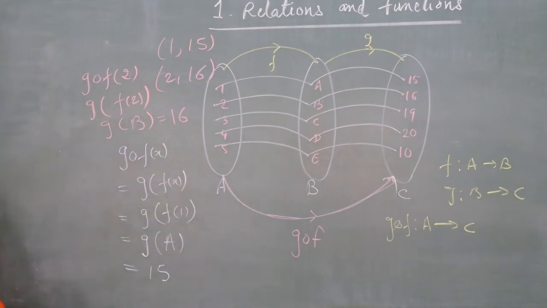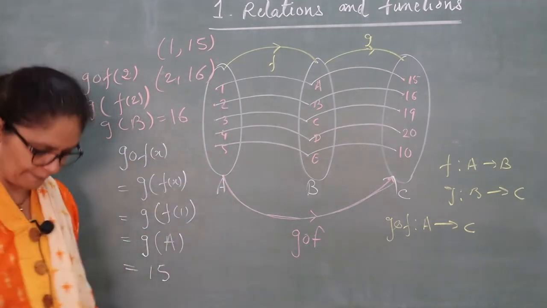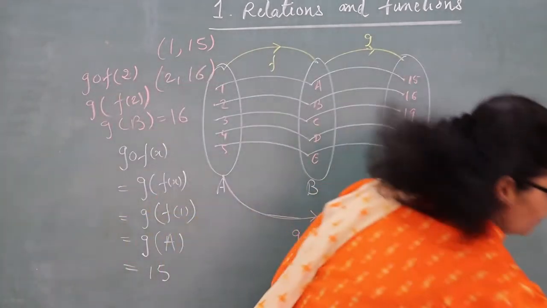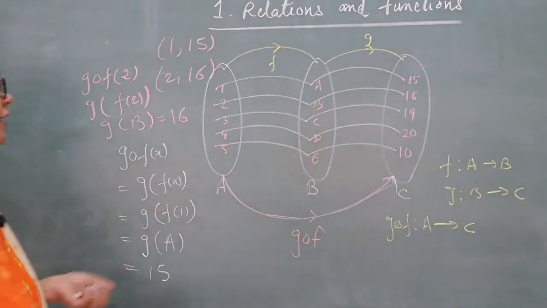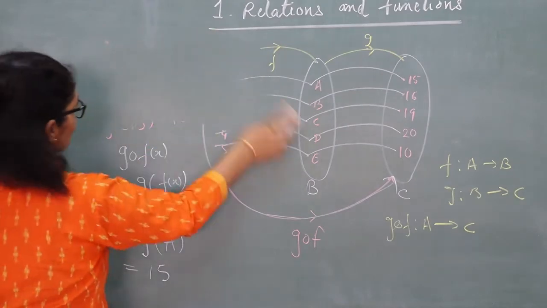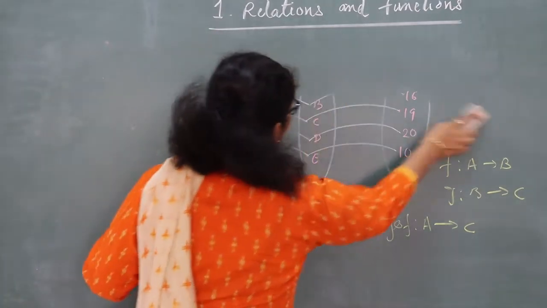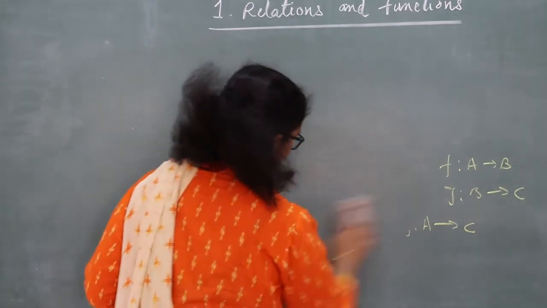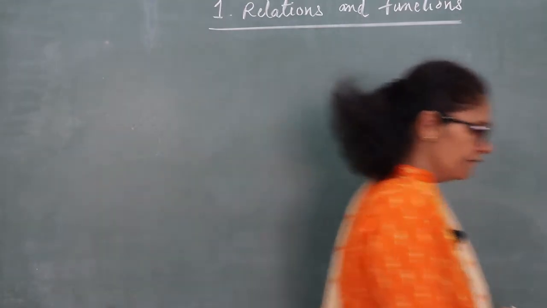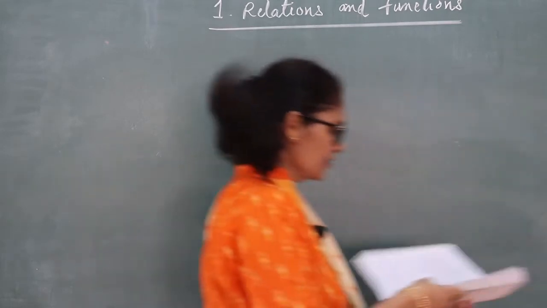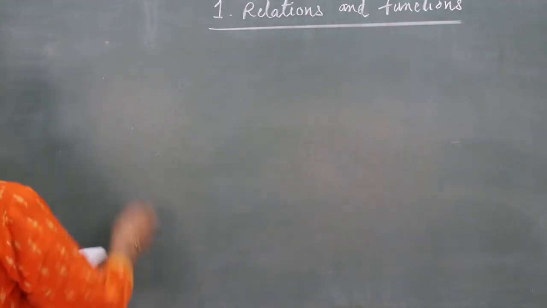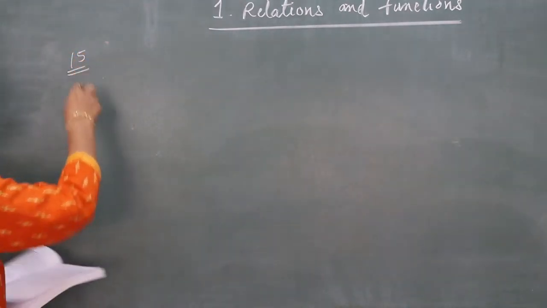Now I think the composite function is clearer to you, so we start examples of composite function. You can open your textbook and solve the first sum. Our first question, what is the 15th number? Solve question 15.